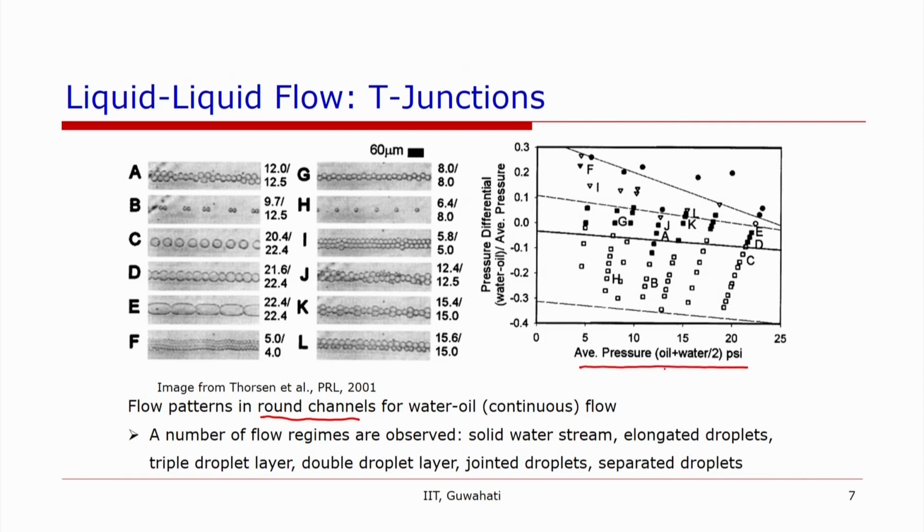So on the x-axis, what is drawn is the average pressure in psi, so oil pressure plus water pressure divided by 2, whereas on the y-axis is the difference between water and oil pressure divided by the average pressure. So basically the pressure differential has been plotted.